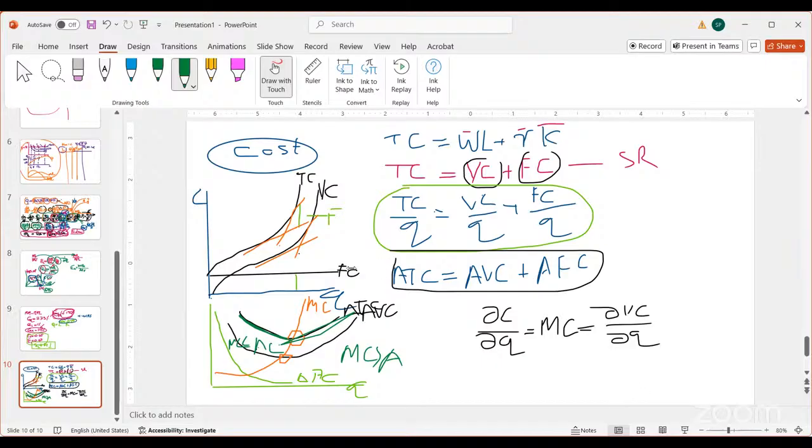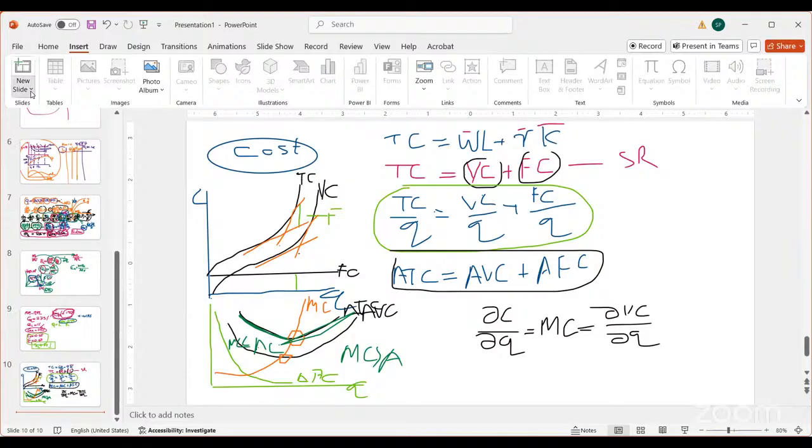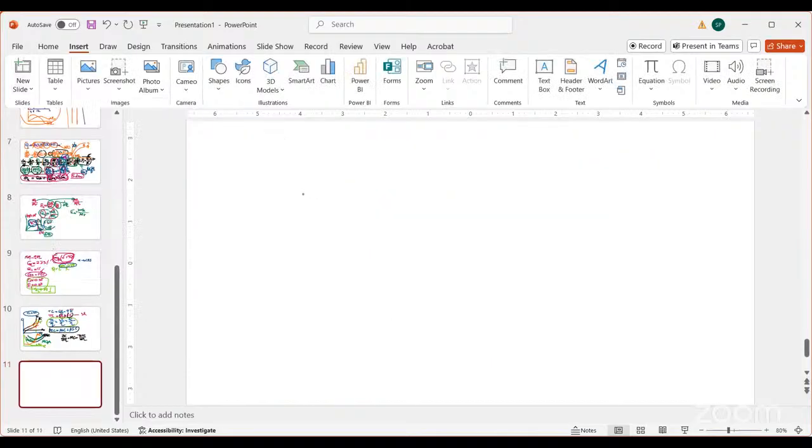Before that, to prove it, let me look at the long run situation. Now, in the long run, what happens? There is no fixed cost, and in that way, total cost equals variable cost. All the cost components are variable.